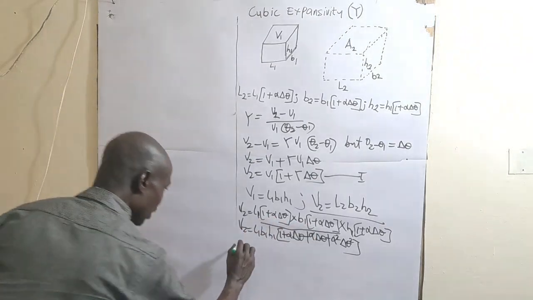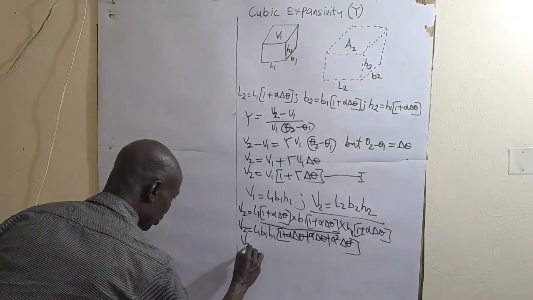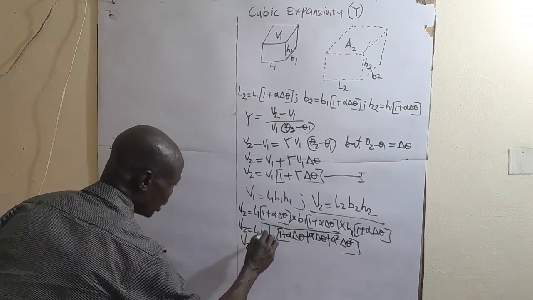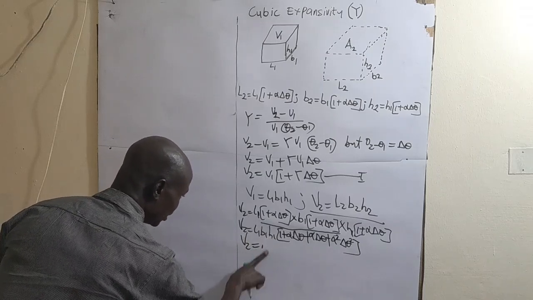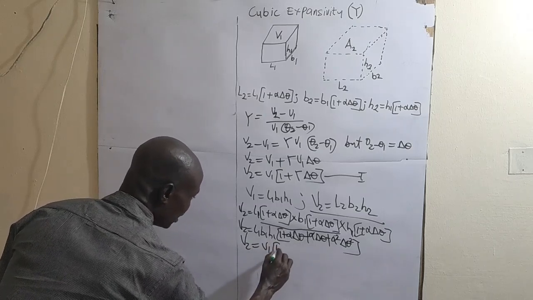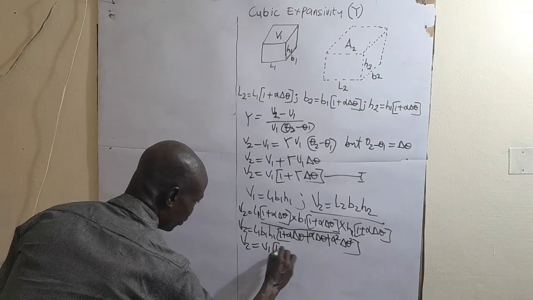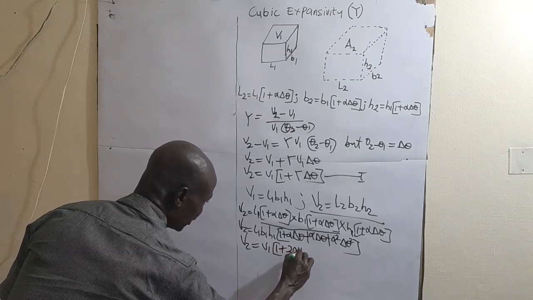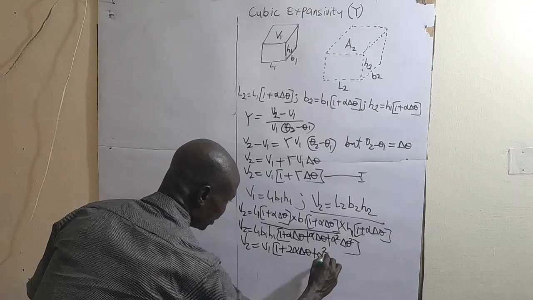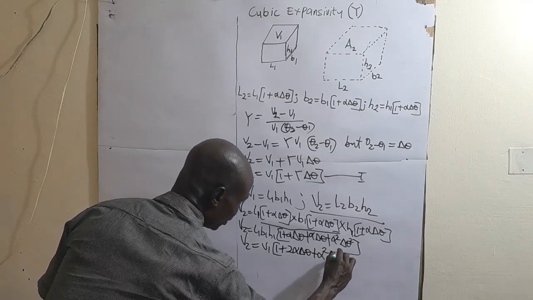So we are multiplying this and this. From our final results initially, we have that L1 B1 is equal to V1. Open bracket, then this is now going to be 1 plus 2 alpha change in theta, then plus alpha square change in theta square.